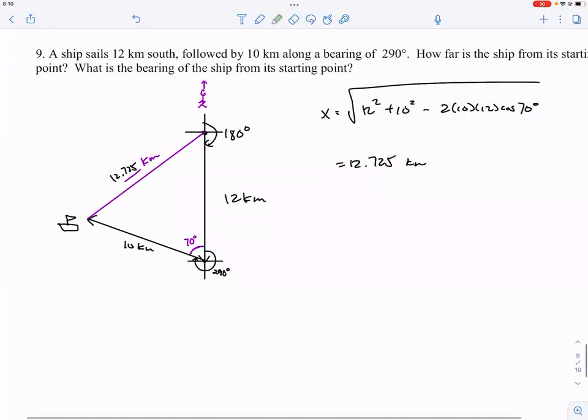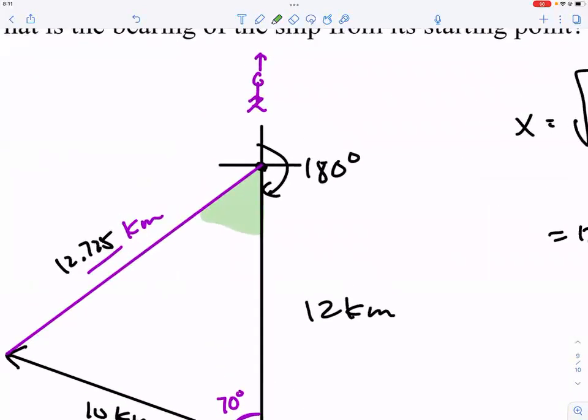Now this one is a relatively easy one to find because this is the angle you can find. Before we get the angle, let's just say this angle is 50. What's the bearing? What's the direction? If the green angle here is 50, it's 180 plus 50, which is 230.